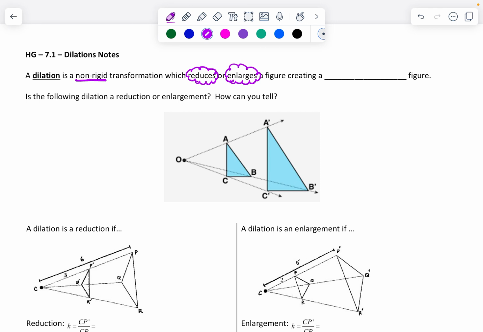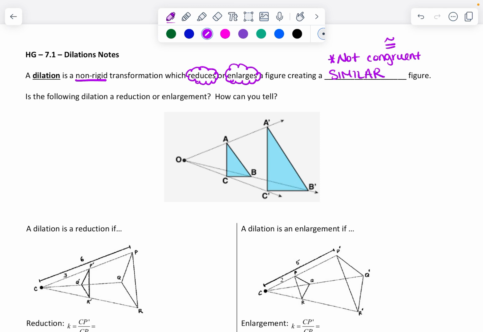Reduce, of course, means make smaller. Enlarge is going to make it bigger. And so clearly these are not going to be congruent. Or you could use the symbol that you guys know, and they are going to be similar.